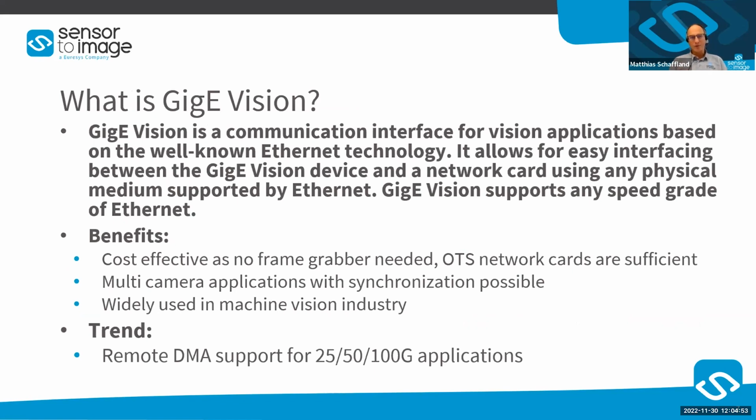I don't want to talk too much about these standards in detail, just where the trend is, especially for GigE Vision. Currently, you see a lot of cameras with 5G, maybe some with 10G, but for further speeds, we need some modifications here. So the working group is working on remote DMA support so that we are safe for faster speeds like 25, 50, or 100G applications.